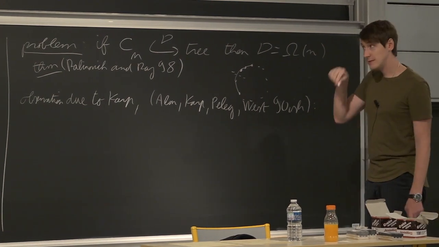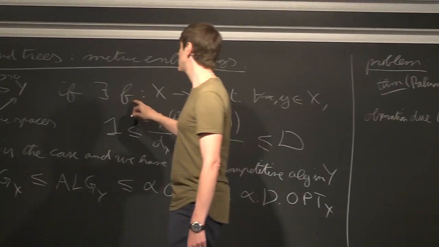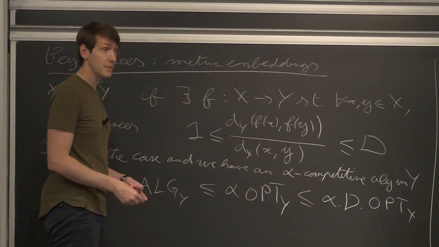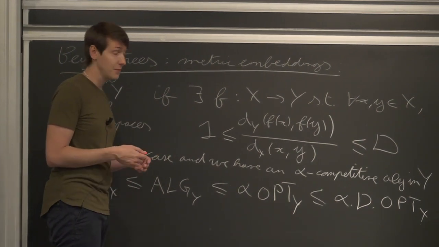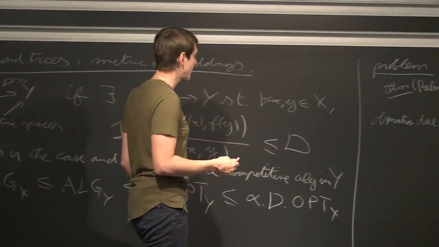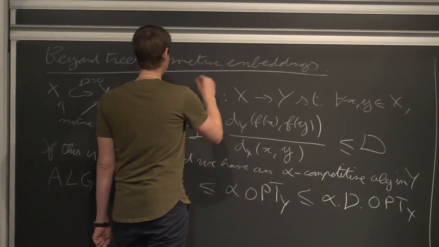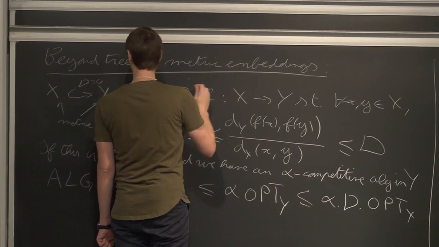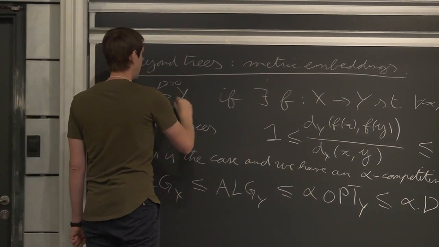The observation is that instead of looking at a deterministic embedding, we could consider a randomized embedding, because eventually we care about randomized algorithms anyway. So what would it mean, a randomized embedding?